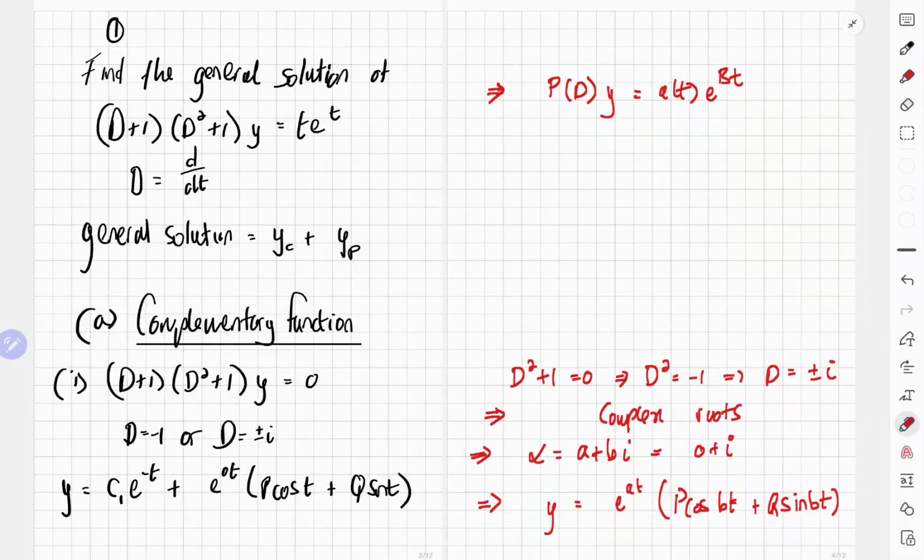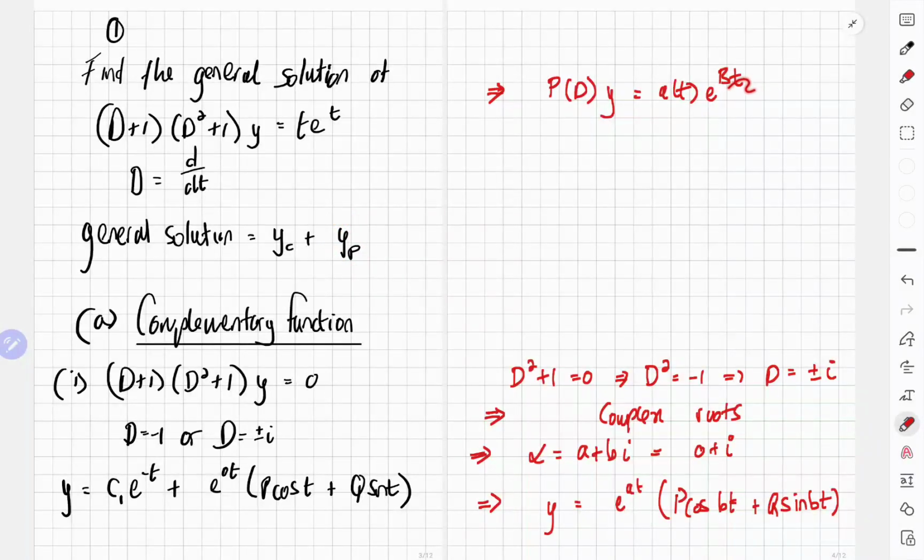So they will ask you in the exam to find the general solution of your differential equation, which is in terms of a D operator. Remember, D represents d over dt. Just recall that the general solution is the complementary function plus the particular solution.